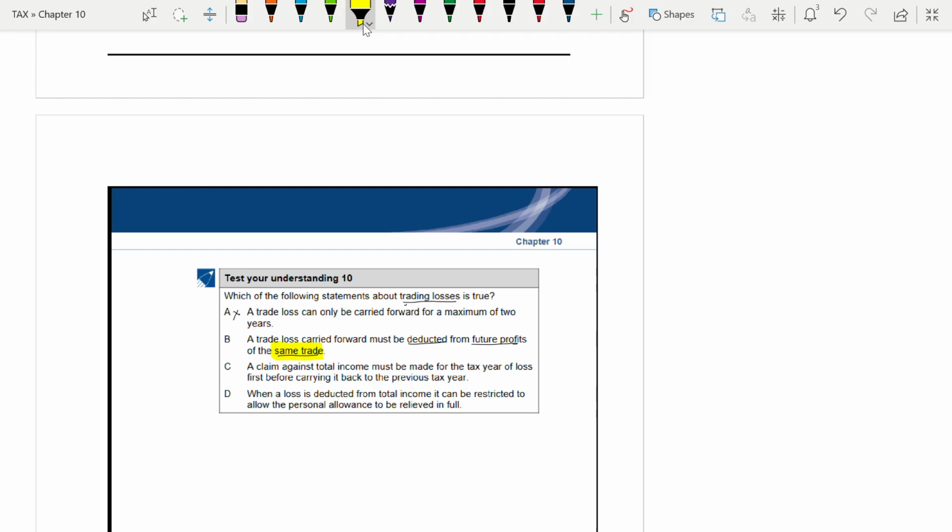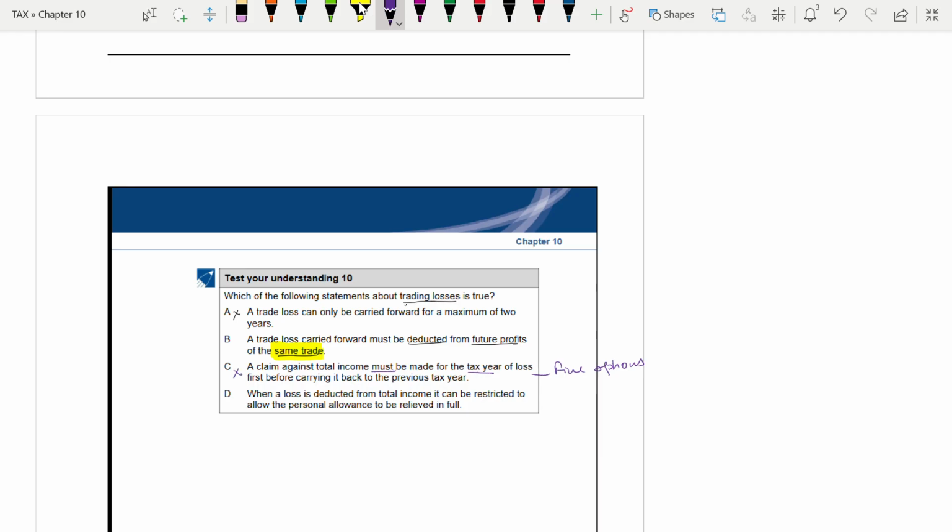There is nothing like that. You have 5 options and there is no such condition. You can carry forward, you can take it deducted. There is nothing like must be made for the tax year.